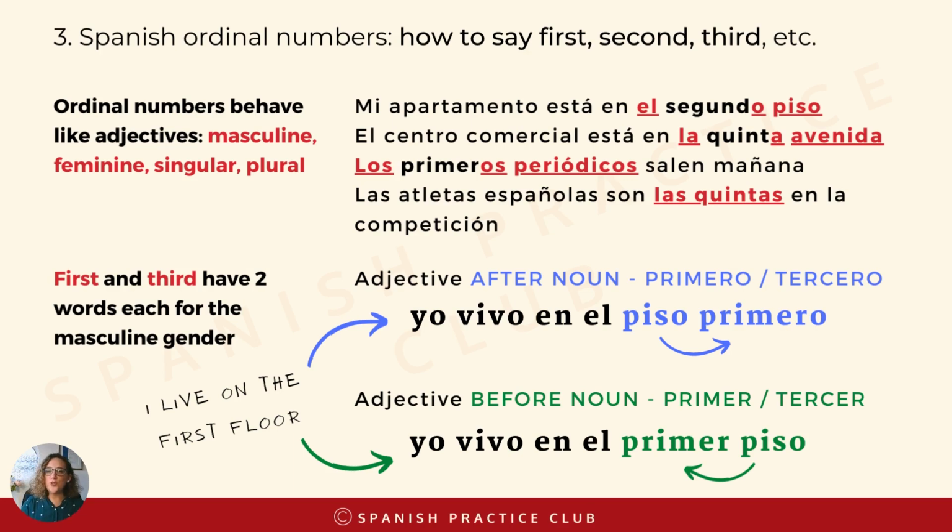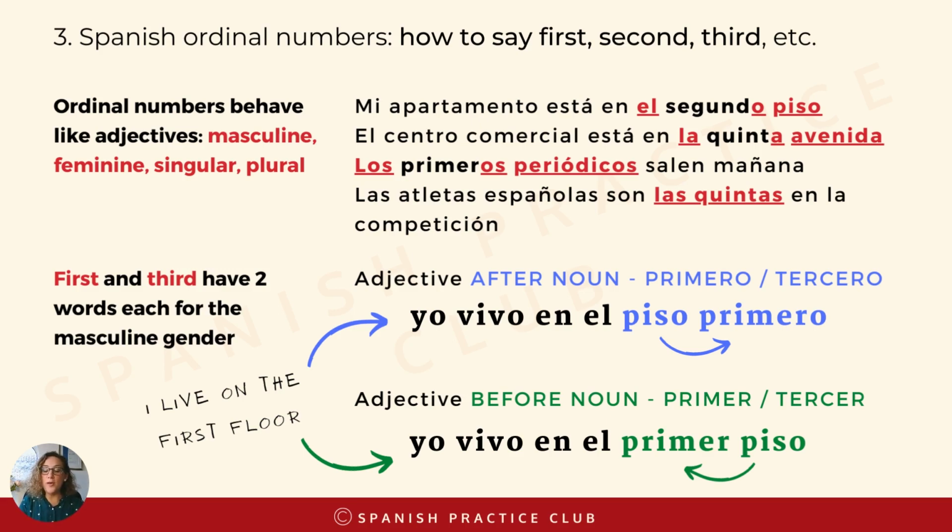So if you want to say the first floor, using the Spanish adjective after the noun, piso primero, you would use a full word. However, if you want to change the order of the adjective and put the adjective before the noun, then you will drop the O. So to say exactly the same, I live on the first floor, yo vivo en el primer piso.